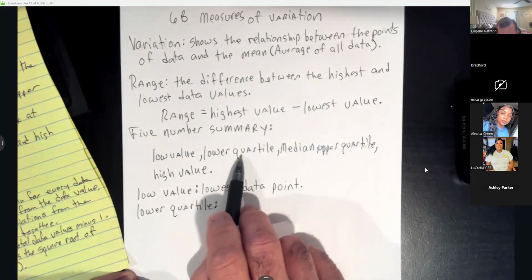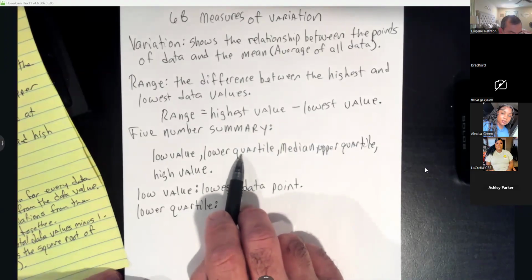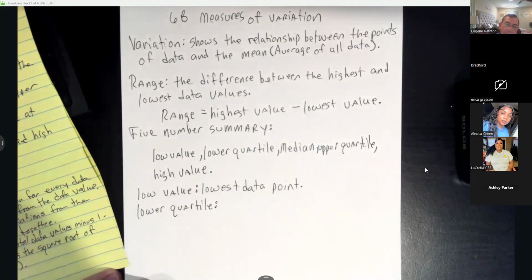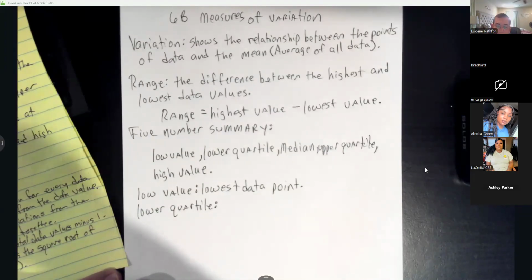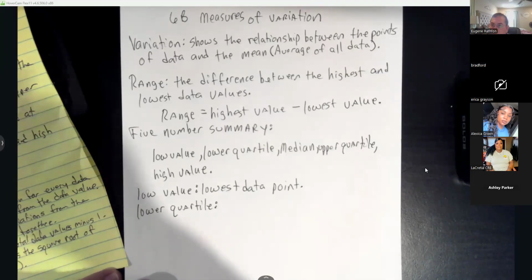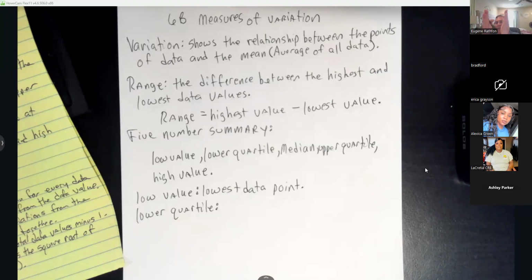So to find our lower quartile, that's going to divide the lowest fourth of the data set from the upper 3/4 of the data set. So it's like giving you the first 25%.